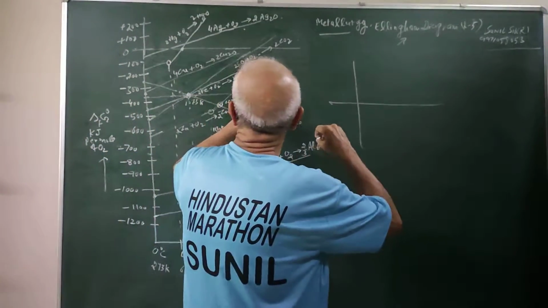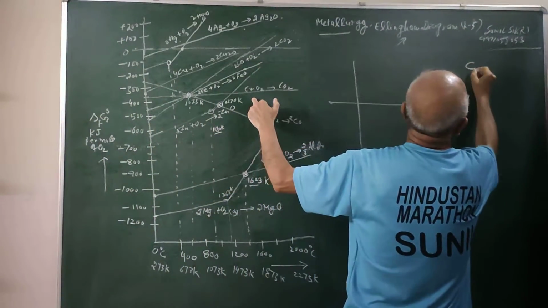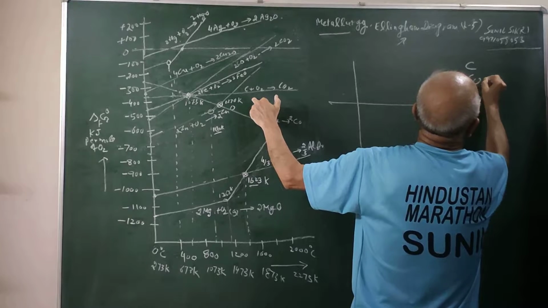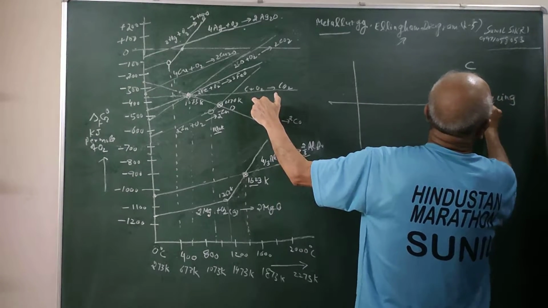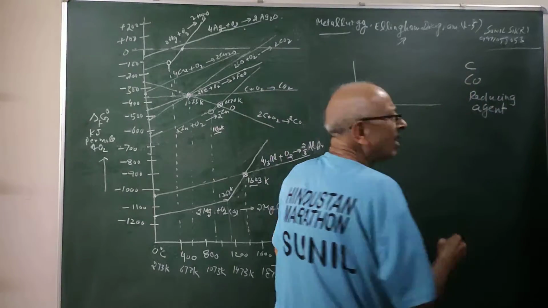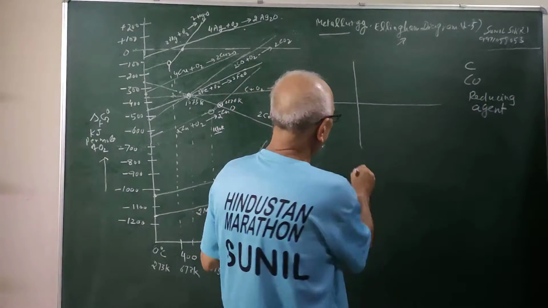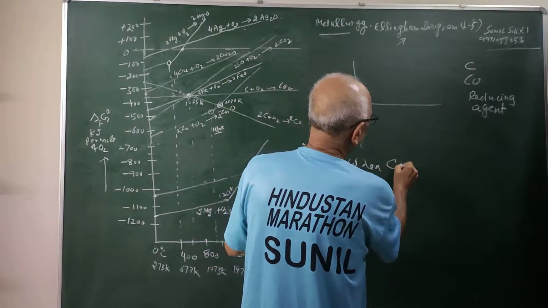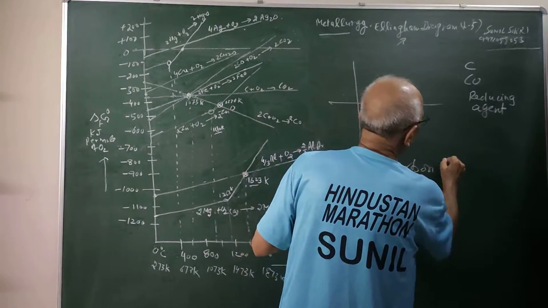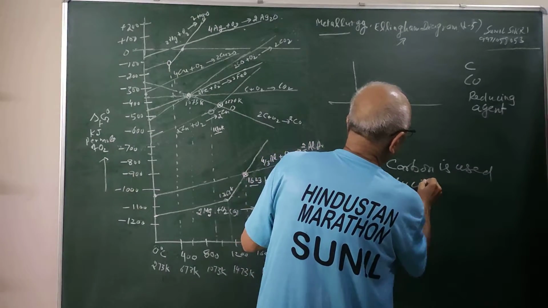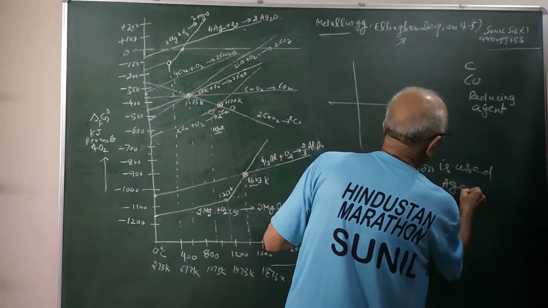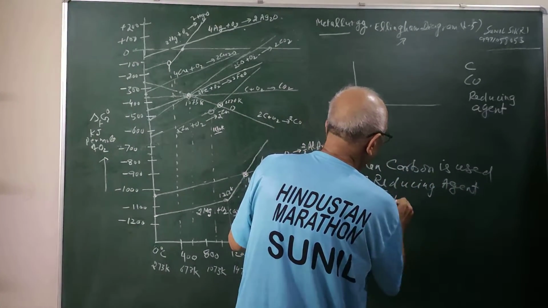Here you see that I am saying carbon monoxide can be used as a reducing agent. When carbon is used as a reducing agent, this is known as smelting.